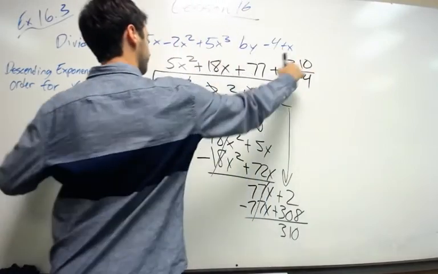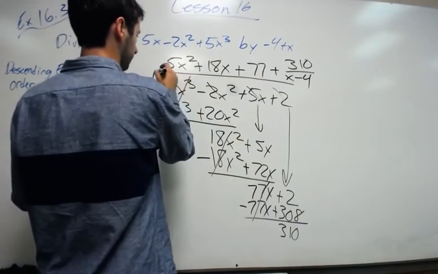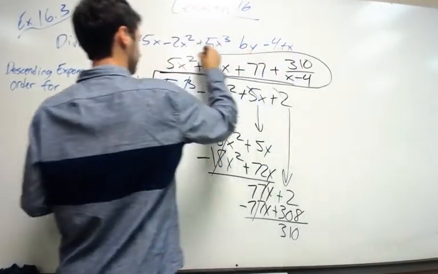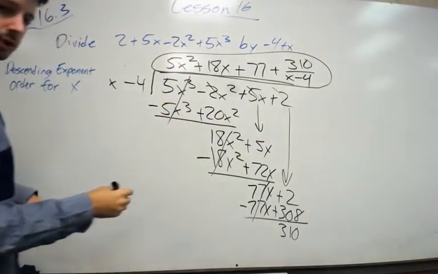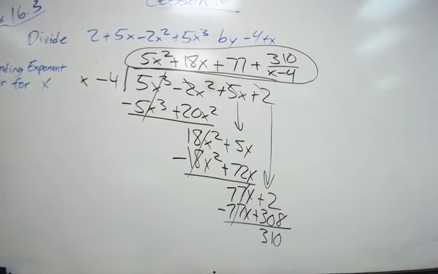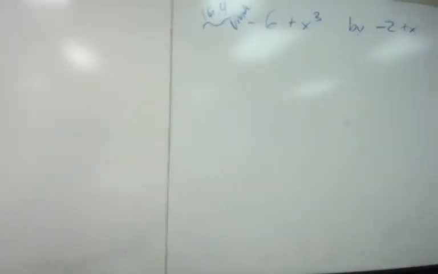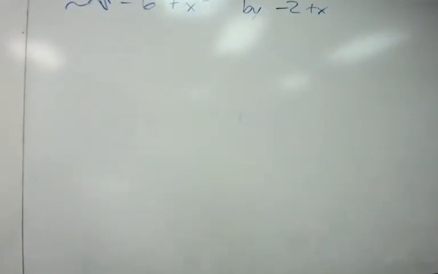And that would be your remainder. But that whole thing there would be your answer, really long answer. So maybe go back, look at that a couple times, practice it, see if you can do it on your own before you move on.